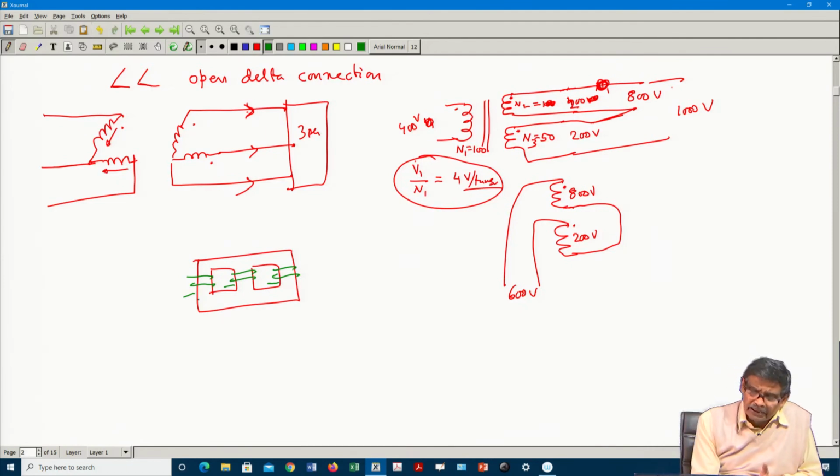And therefore, if these are excited by 3 phase currents, which is what happens in a transformer, they will produce flux which will be like this, and this flux will be 120 degrees apart, directed vertically like this and so on. So, no question of any rotating magnetic field will come, because the coils are not distributed, understood.